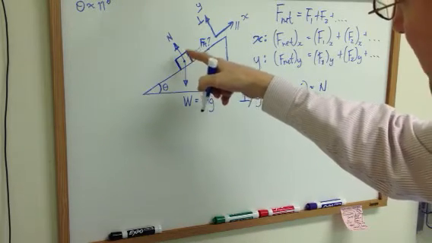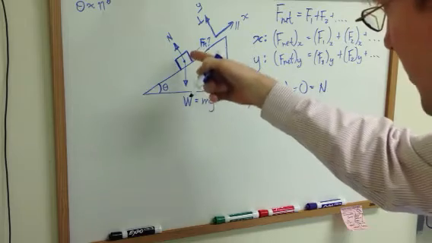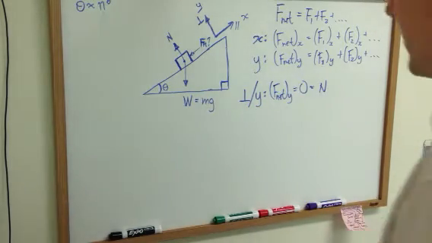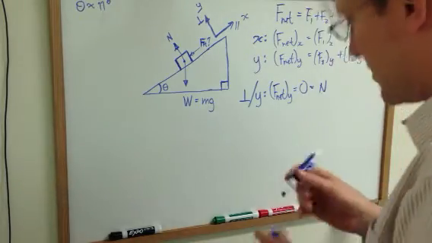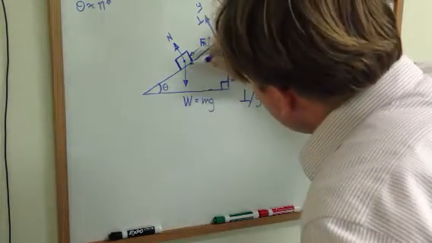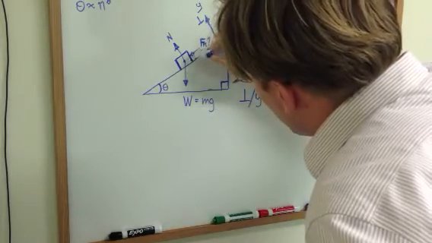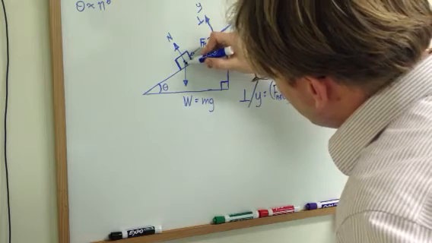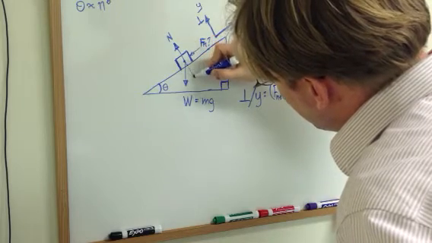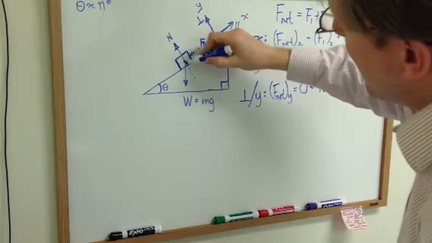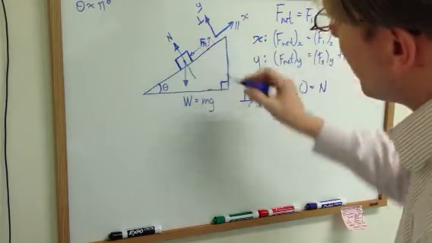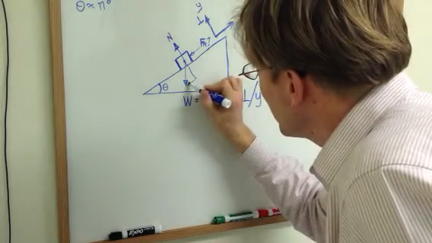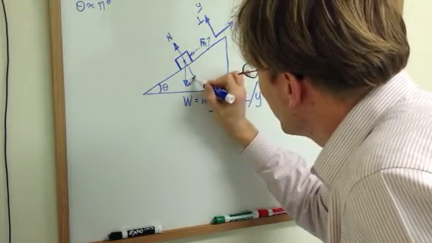Now weight is pulling down. And watch what I do here, because you will need to repeat this in many different situations. Weight is pulling down, and relative to the axes that I've chosen, some of the weight is holding it against the ramp, and some of the weight is pulling it down the ramp.